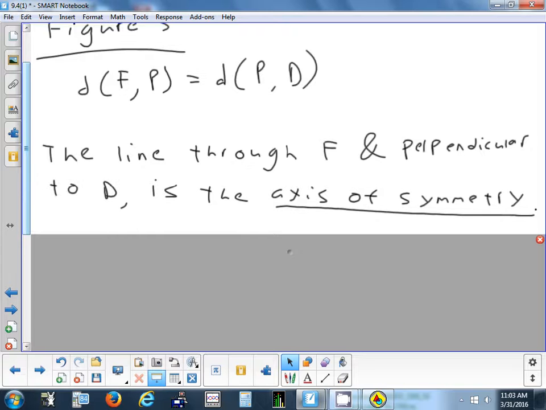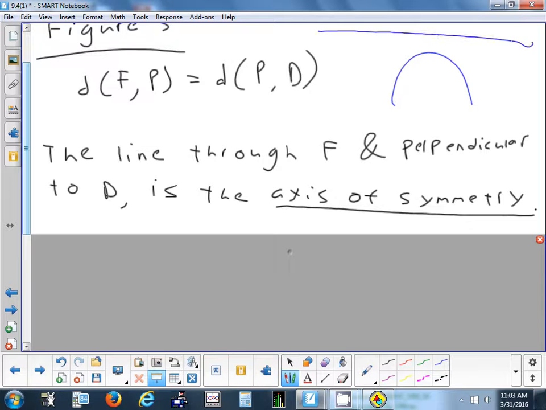Okay, if you draw a line right through your focus, but perpendicular to the directrix, that's the axis of symmetry. So here's our focus. Here's the directrix. Remember, think of the parabola, it wraps around the focus.